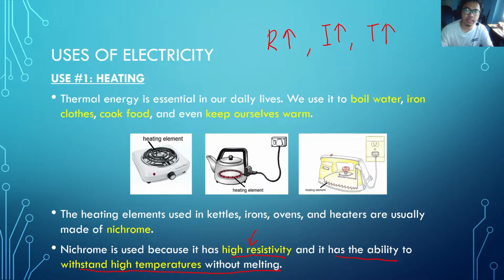So this is the basis of nichrome as a heating element. Basically, you have nichrome, which has high resistance. You pass a current through it, and when the current is passing through the nichrome, it will heat up, there will be high temperature, it will generate a lot of heat, and that's how nichrome heats up the thing that we want to heat.